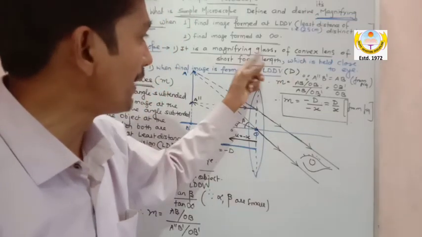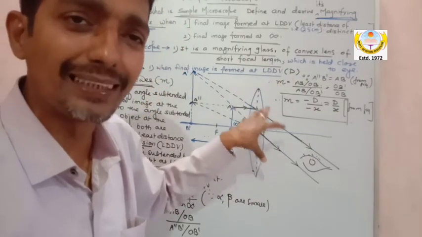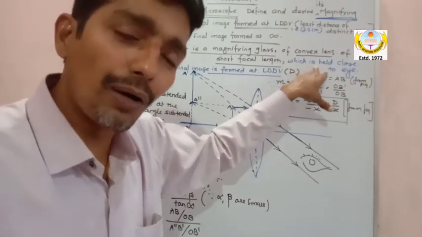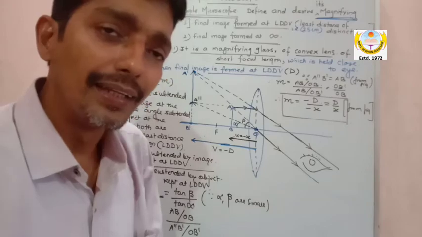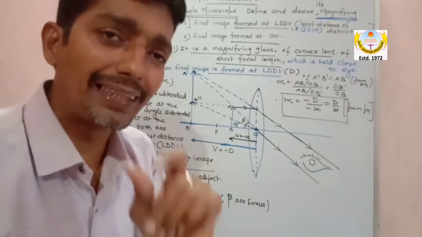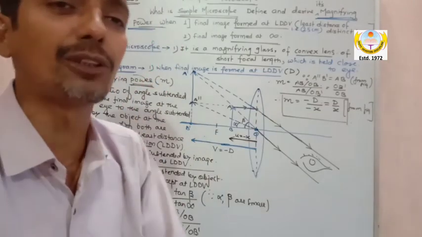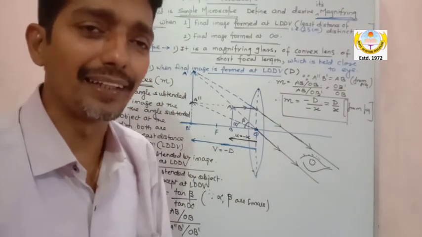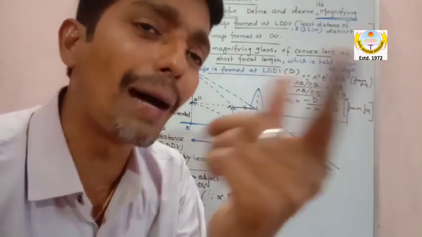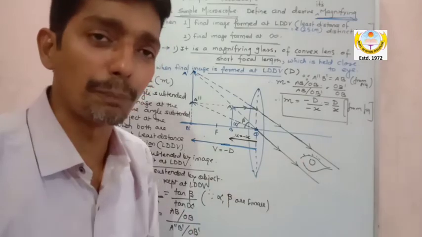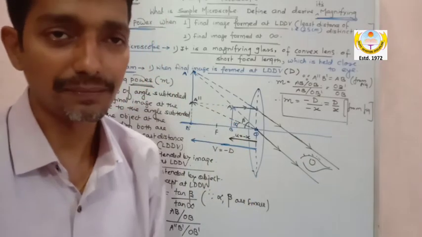Since, my dear, I already said that the simple microscope is the instrument which is held close to the eye. So what will happen in all my next topics? The eyepiece of the compound microscope and the eyepiece of the telescope, which is kept close to the eye, will act as a simple microscope. Please, this is a golden line.